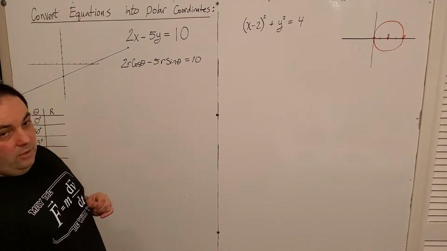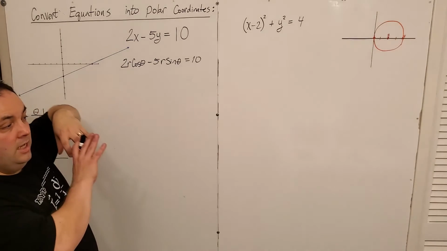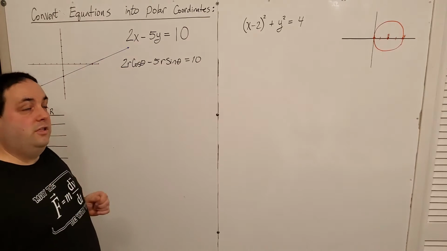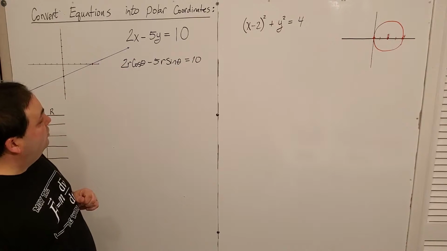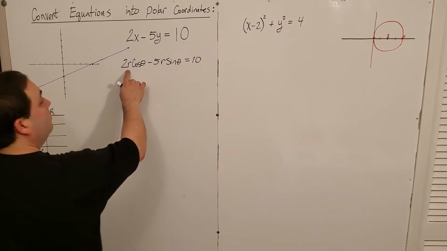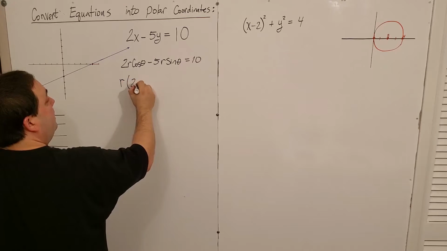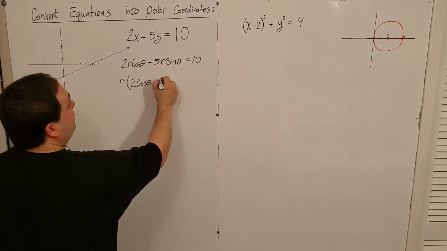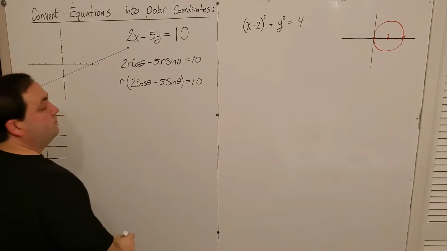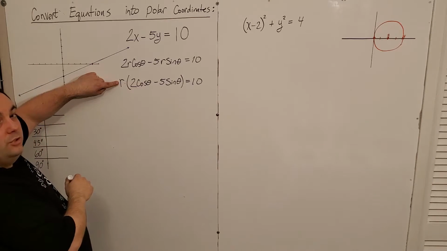But just like our functions in rectangular, we like to have one variable isolated and then all of the gobbledygook on the other side as the function calculation. So to do that here, I'm going to start by factoring out an r that they have in common. And I get 2 cosine theta minus 5 sine theta, like so. And then I want r by itself. That's typically what we do in polar.